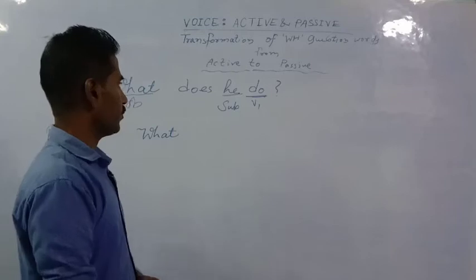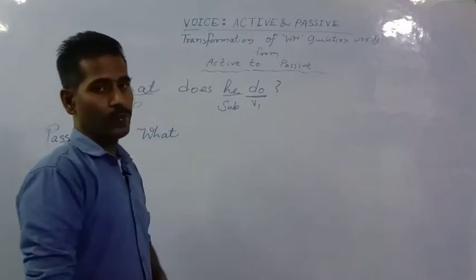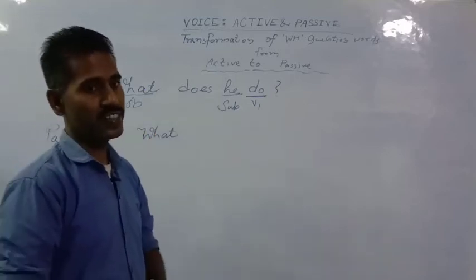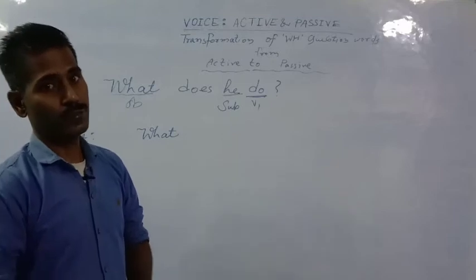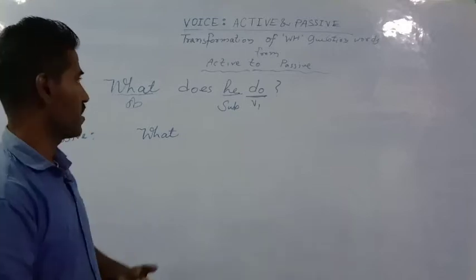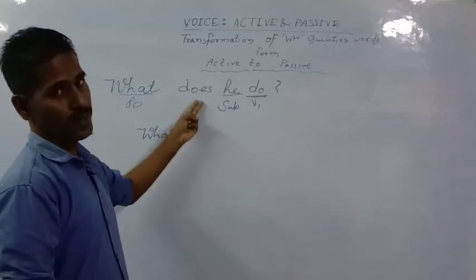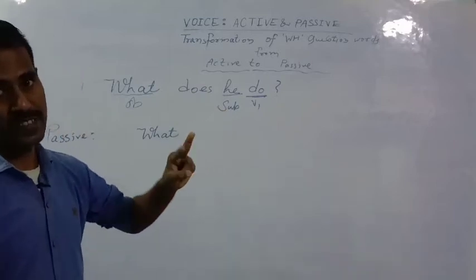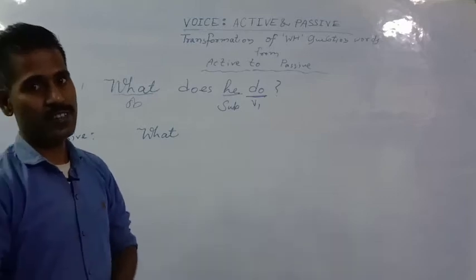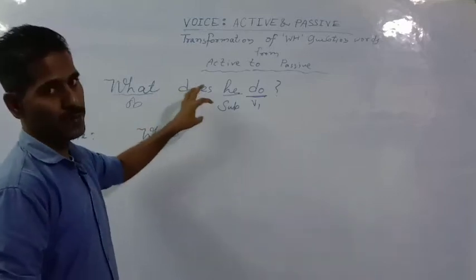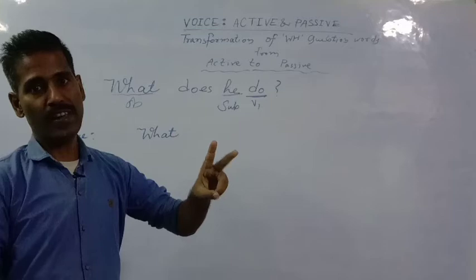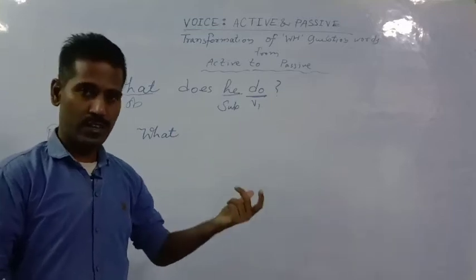Then we'll observe the tense. What does he do? We have already learned that if the auxiliary verb is do, does, have, has, can, may, then it is present tense.